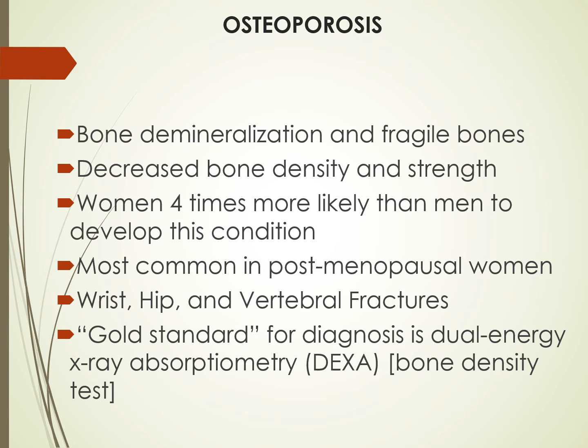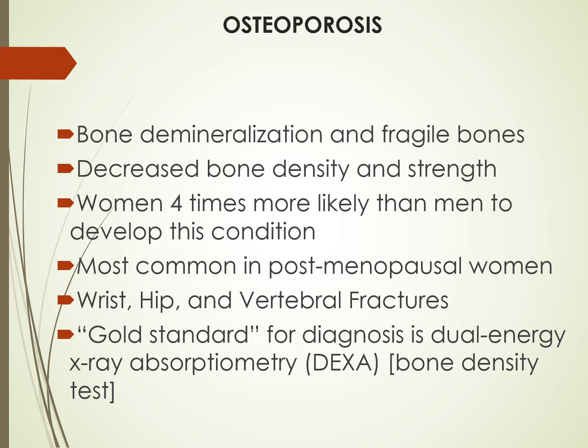It's definitely more common in women than men. What does it affect typically? It usually affects the vertebral column, leading to compression fractures of the vertebral column, which can then lead to kyphosis, which is that hunched over appearance that you might see in older women.